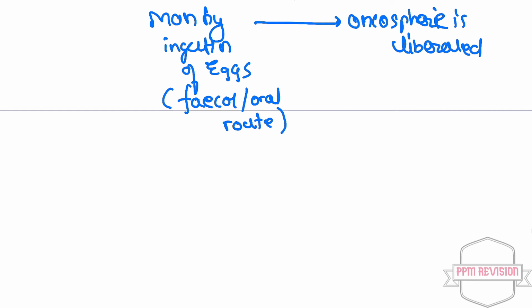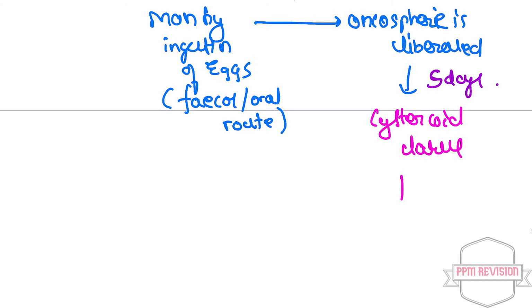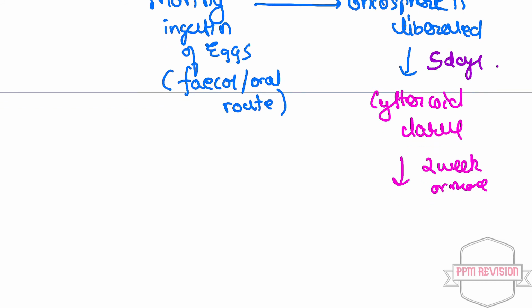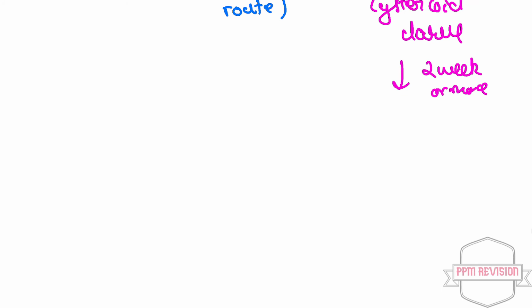Then it takes about say 5 days, and then the cysticercoid larva is seen. And then in 2 weeks time or more, we see the formation of the adult worm in the small intestine.